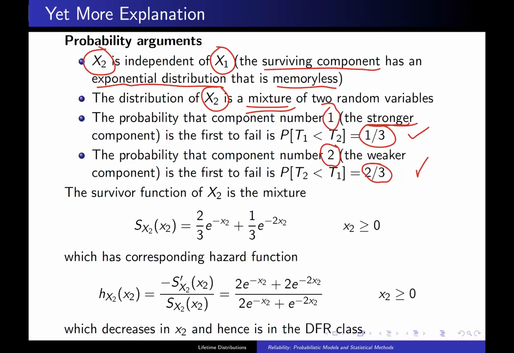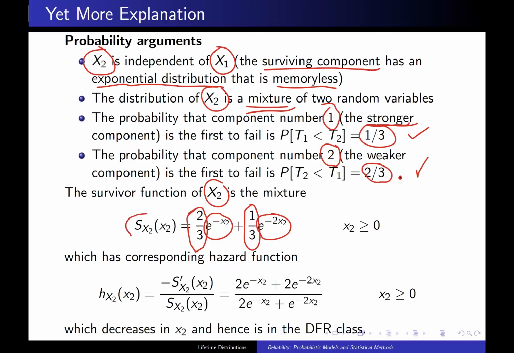Now, the survivor function of x2 is a mixture. With probability 2/3, which is the more likely case, x2 will be exponential 1. But with probability 1/3, and that corresponds to the first component failing, you will have a survivor function which is exponential 2.